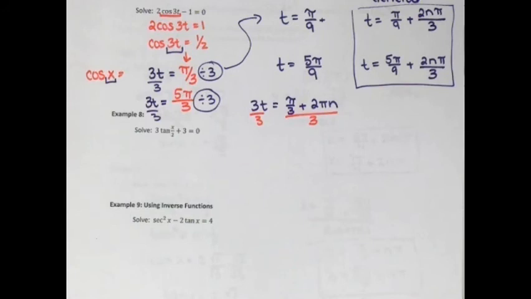Can you guys solve for the tangent of x over 2? So how would I solve for tangent in this one?